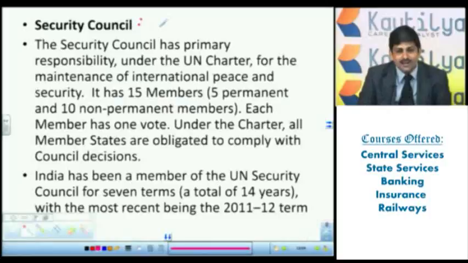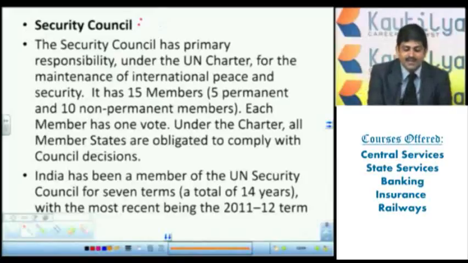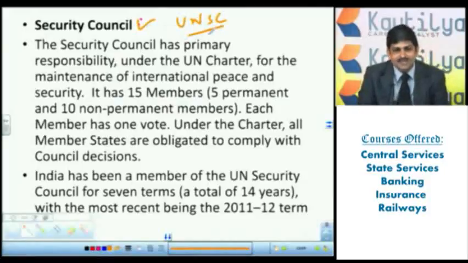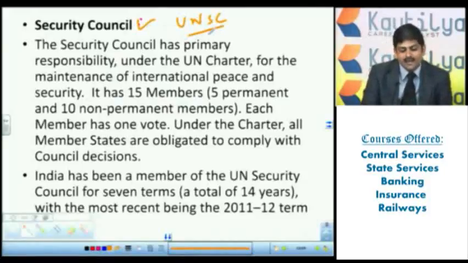Every member nation has to adopt or implement whatever decisions are taken in the United Nations Security Council. Its abbreviation is UNSC, and generally it is known as the United Nations Security Council.